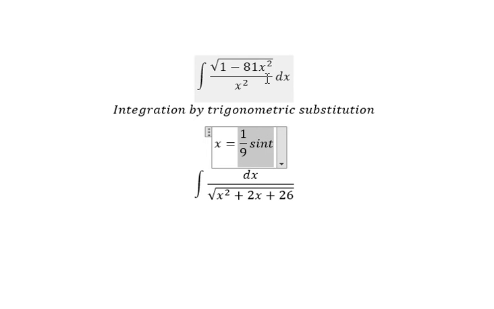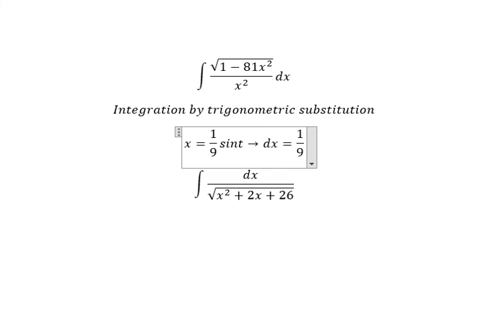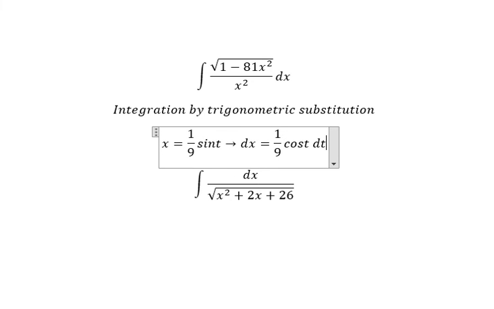So if I put this one in here, you get 1 over 81 sine t squared. 81 we cancel. 1 minus sine t squared, we get cosine t squared, and later we simplify by the square root. ds we get 1 over 9 cosine t dt.